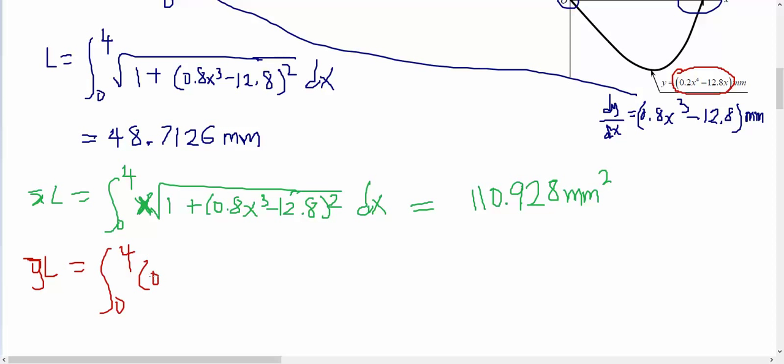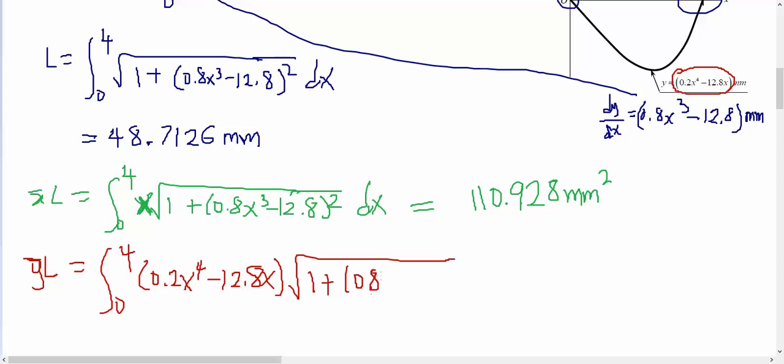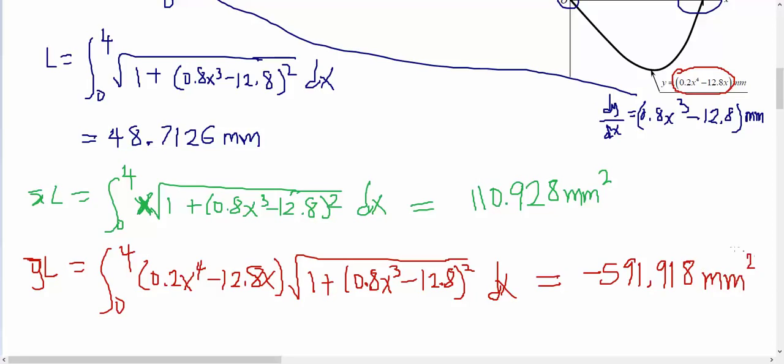So we just plug in 0.2x to the 4 minus 12.8x in place of y, and the same thing all over again right there, and this is all dx. Plugging that into your calculator, you should get negative 591.918 millimeters squared.